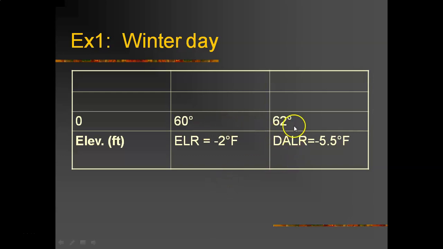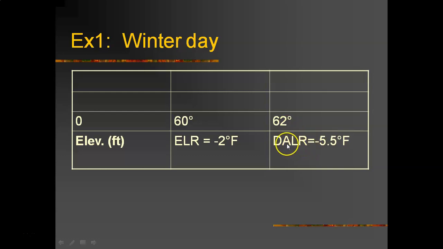Now, right here at the ground, I've got a heated bubble of air. I just added 2 degrees. It could be 5 degrees or anything like that. But I just wanted to show that we have a little hot spot that's formed. Right? Now, it's going to lift off, and it's going to cool at its own rate, according to the adiabatic lapse rates.